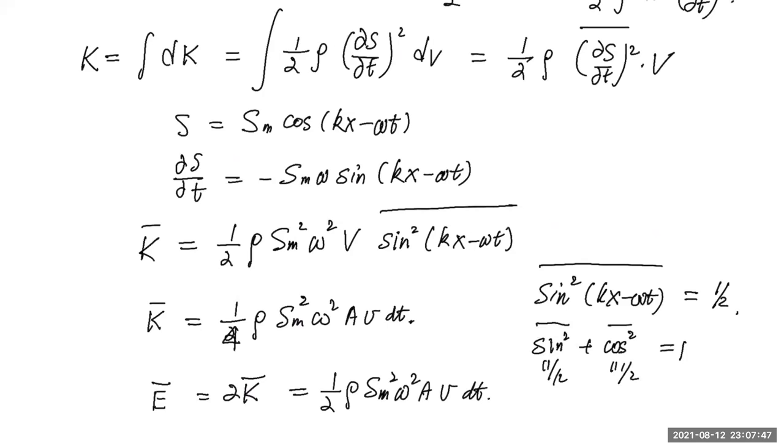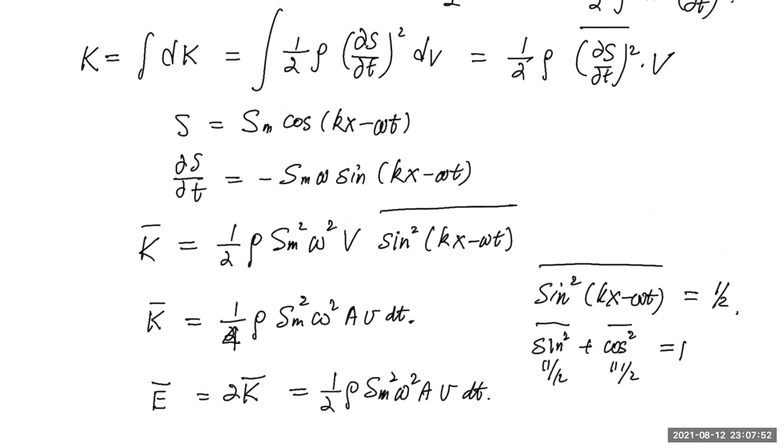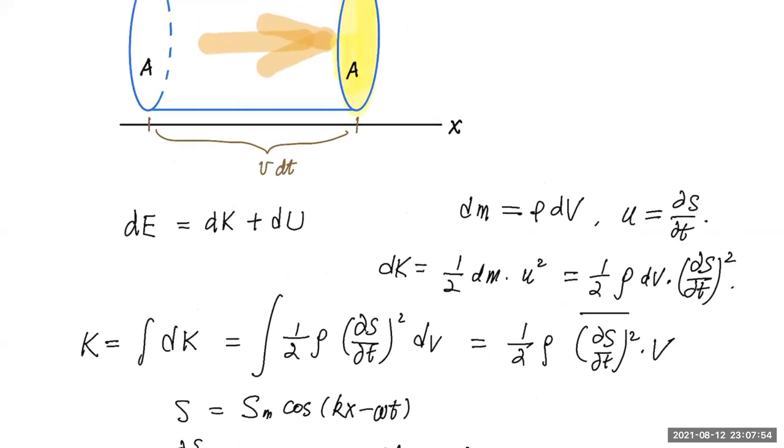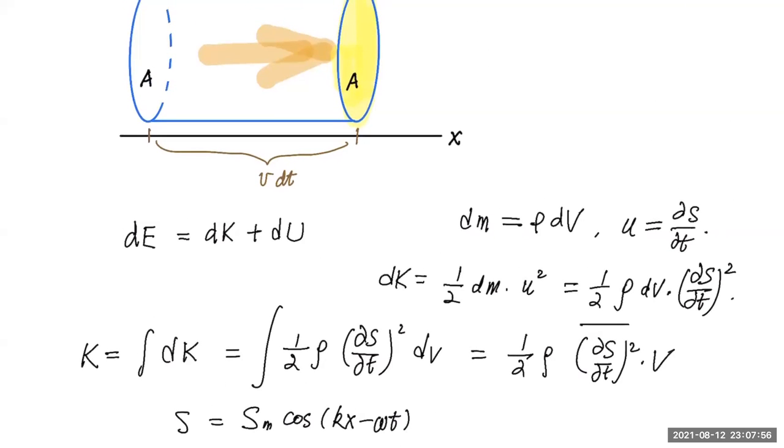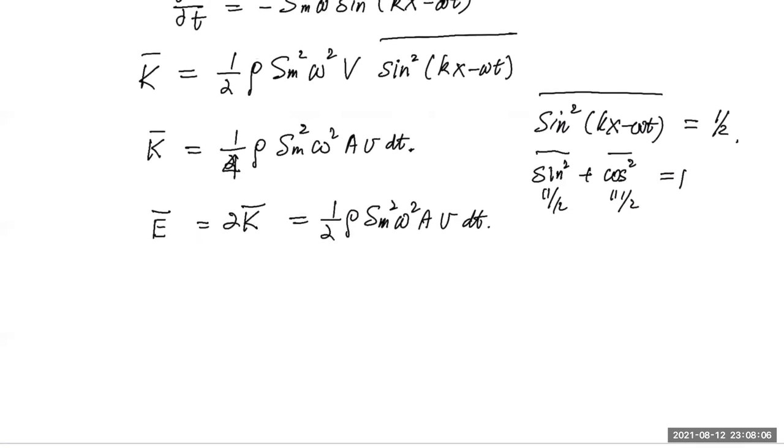Again, this is all the energy passing through this window over time dt. So what is the rate at which energy passes through? Then you have to divide everything by dt, right? So then you get the average power. What is that equal to?